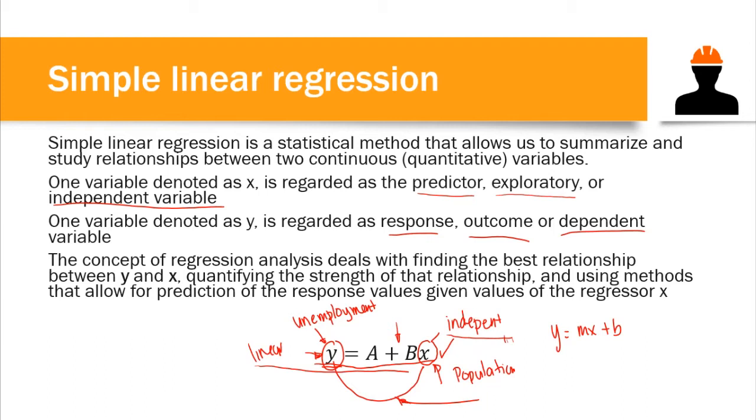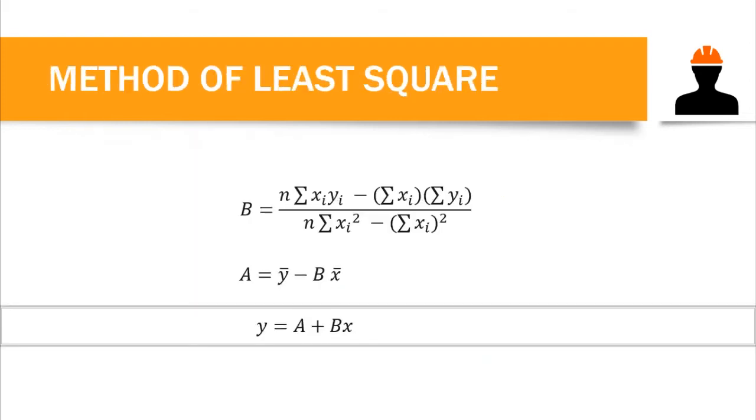So we compute the coefficient of correlation, the coefficient of determination, the standard error, and the standard deviation. Again, our goal here is to develop an equation of a line, or the linear equation. So we have what we call the method of least squares. Now we can determine b by following this formula.